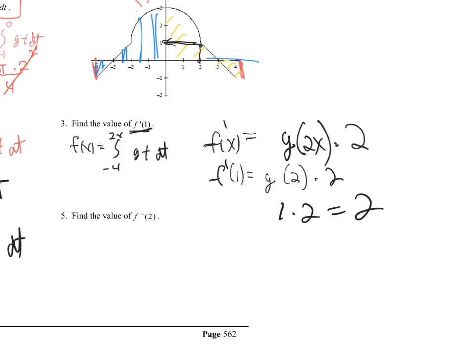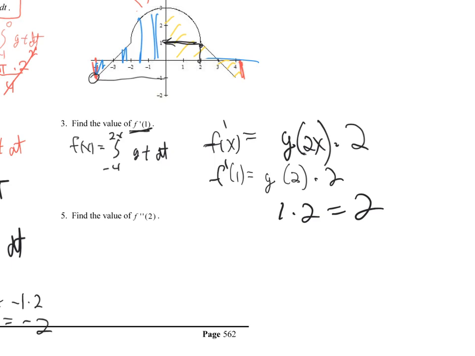Same as the last problem we just did. Problem is x now changes. F prime at negative 2 would be g of negative 4 times 2. So I go look at g at negative 4. It's this point right here, negative 1. Negative 1 times 2, negative 2.